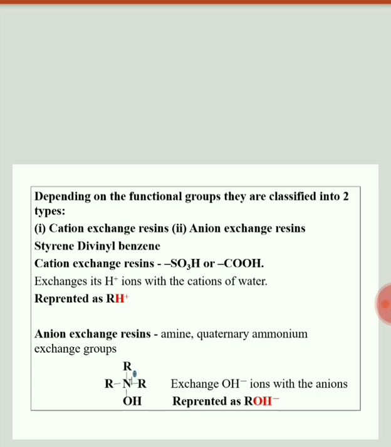The valency of nitrogen is 3, but now it is 4, so it is an electron deficient nitrogen. One R is replaced by OH by treating with sodium hydroxide. This OH is capable of exchanging anions. So anion exchange resins can be represented as ROH-.